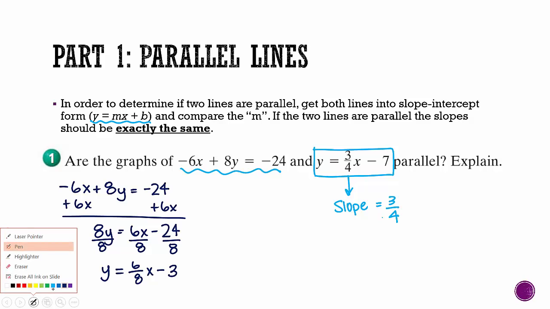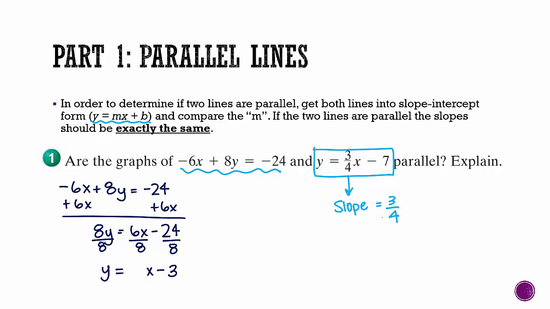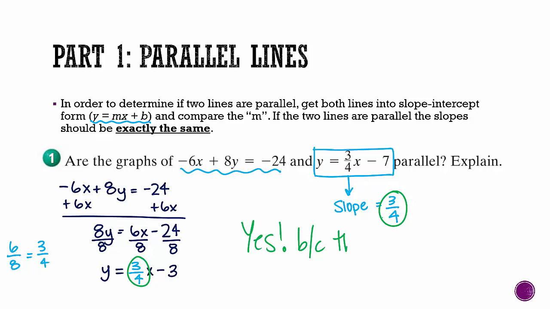Now remember that fractions can be simplified. So this 6/8 right here, if I divide both by 2, is the same thing as 3/4. So if we look at our slopes, this one's 3/4 and this one's 3/4. That means these two lines are parallel because the slopes are both 3/4.